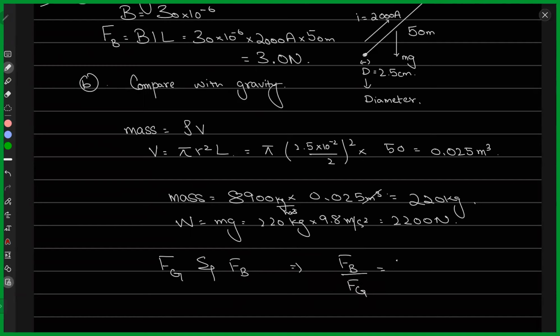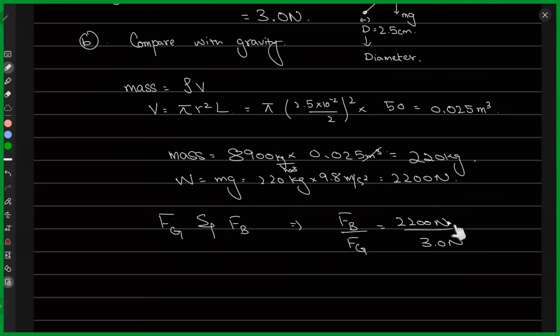So this would be 2200 newtons divided by 3.0 newtons, which gives me a large number, about 10 raised to power 3 times greater than the magnetic force exerted on the cable. Is that clear?